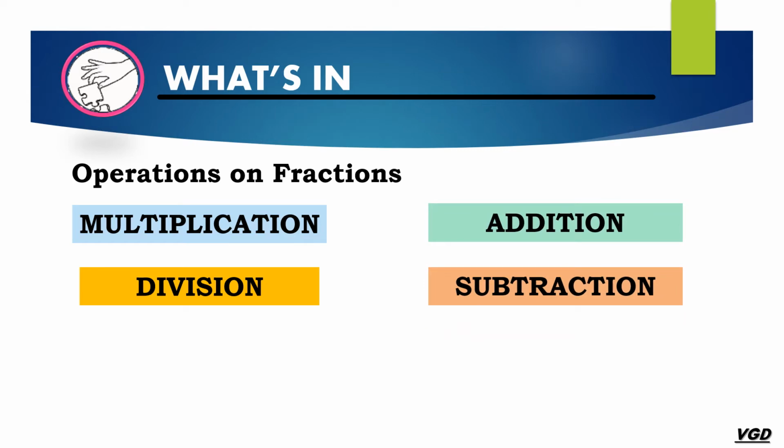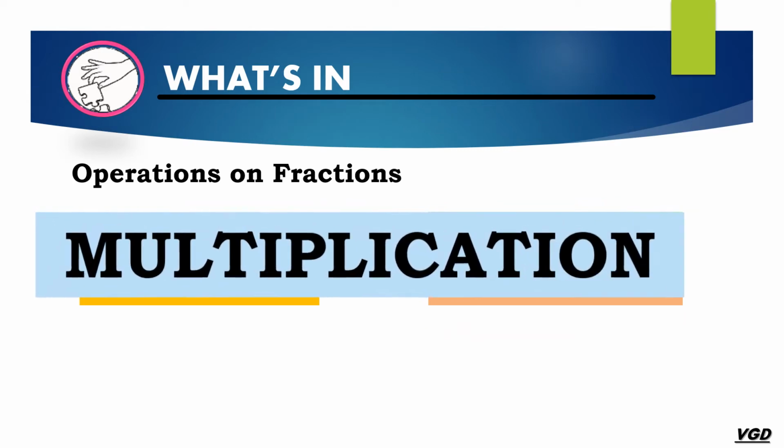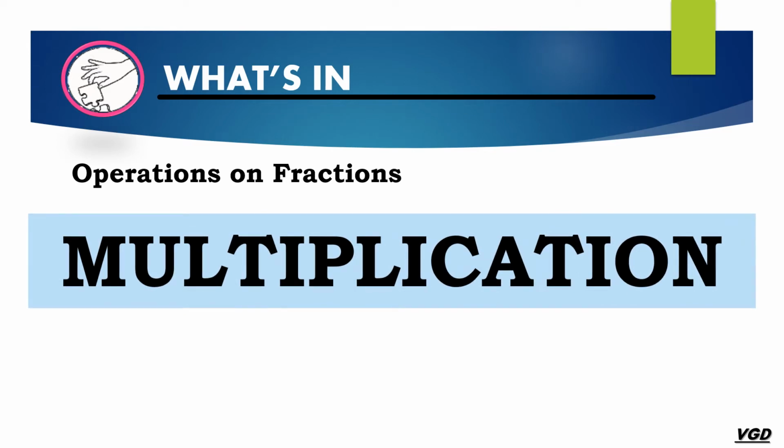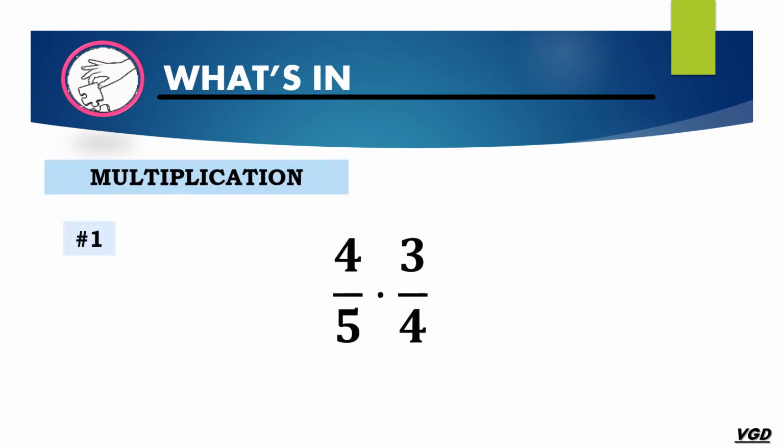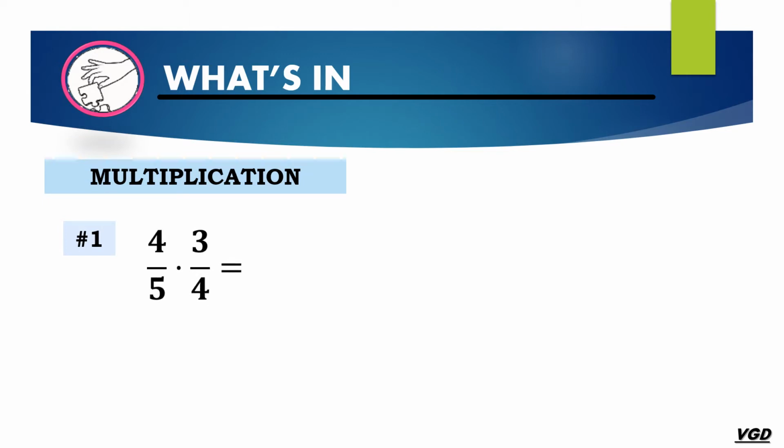Now let's have a review on multiplying fractions. Let's have number 1: 4 over 5 times 3 over 4. In multiplying fractions, all we have to do is multiply the numerator to another numerator and the denominator to another denominator.